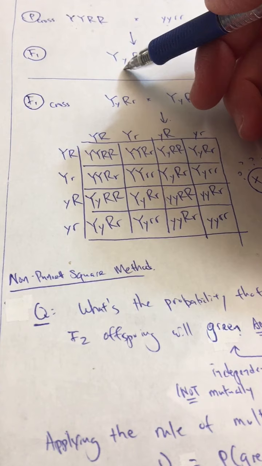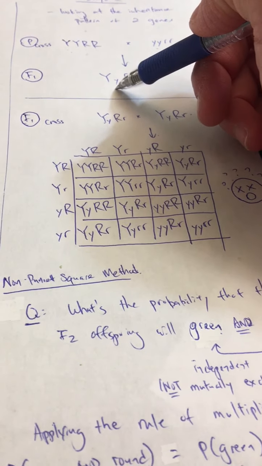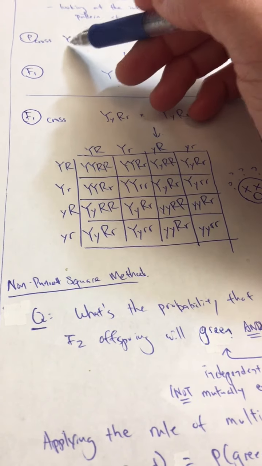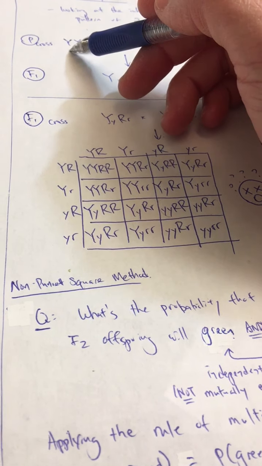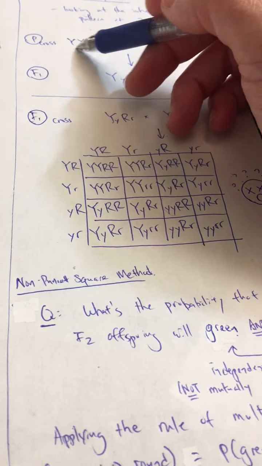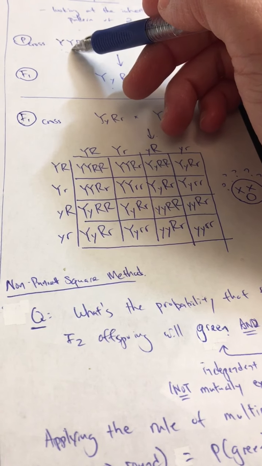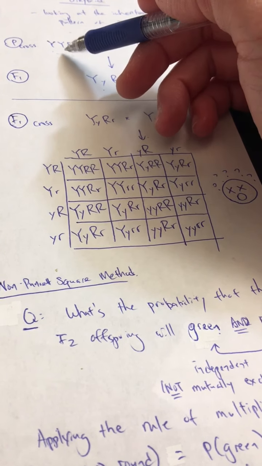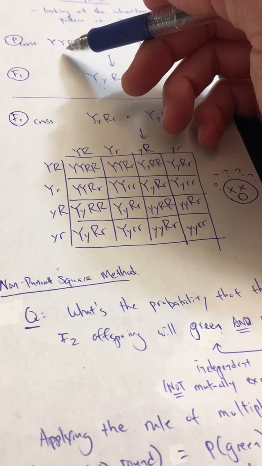To get the possible F1 genotype, you just look at what are the possible gametes that this parent can generate. When we're making gametes, remember that we're reducing copies of chromosomes from 2 copies to 1.